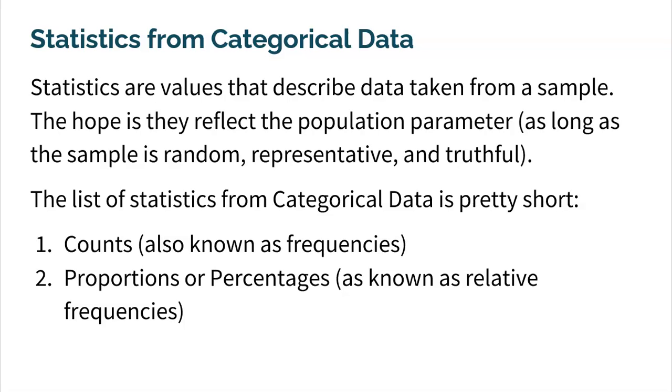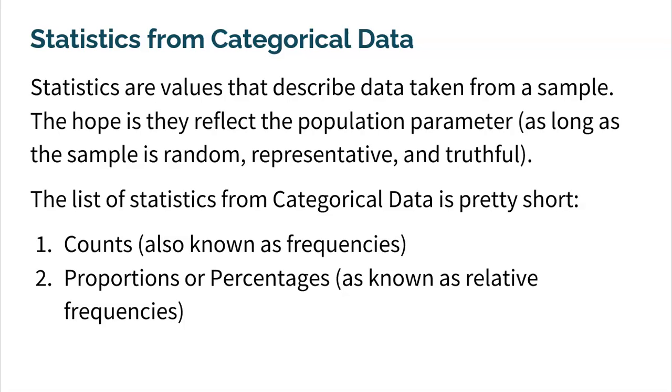And the second statistic would be the proportions or percentages that came from that sample. So here we would take the 96 that we counted, divided by our total, and we get the proportion. Maybe we'd find out that 18% of the Skittles are green in our sample.